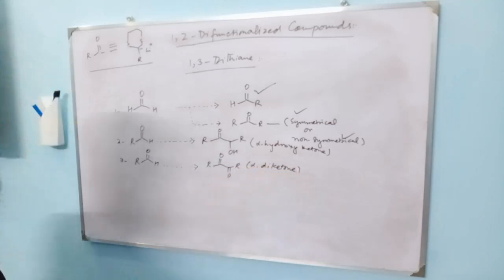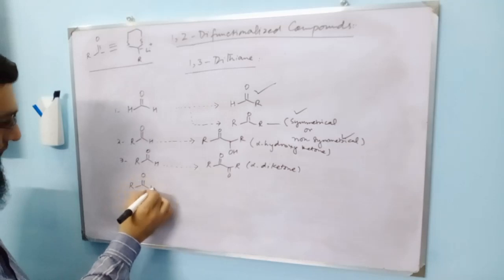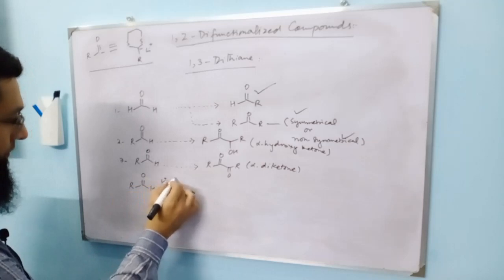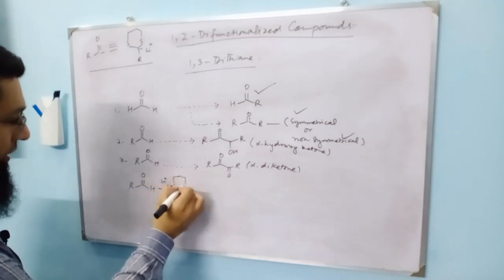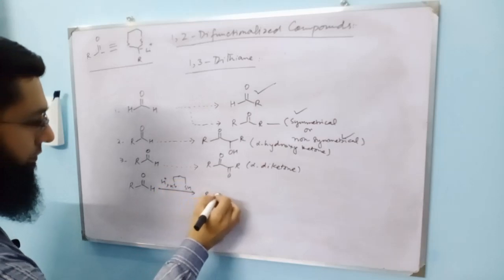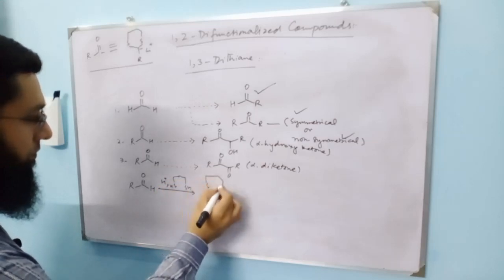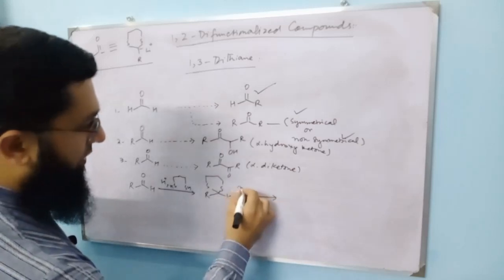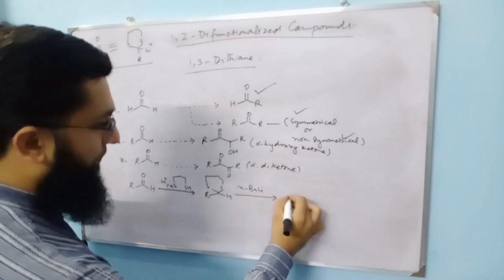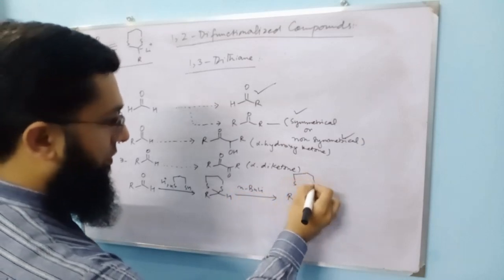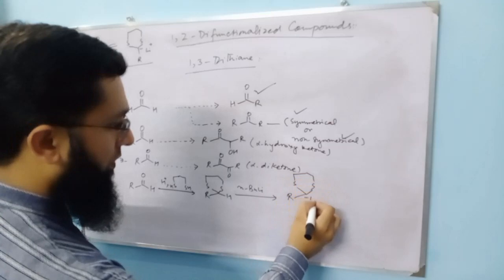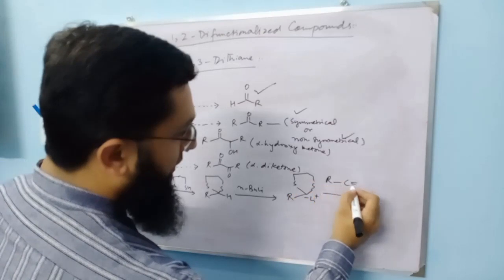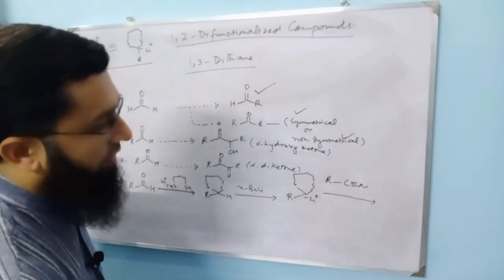Now how would this work? We will take the aldehyde and again we will convert it into the corresponding dithiane, this one, and then with n-butyllithium we will get the Corey-Seebach reagent, and it will be treated with a nitrile, and we know that nitriles are electrophilic in nature.